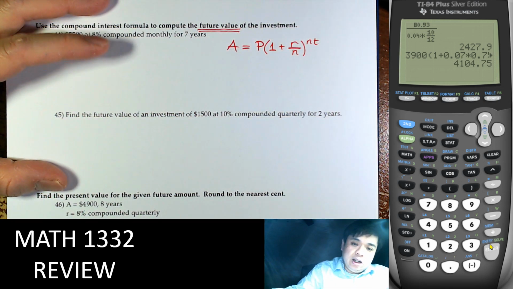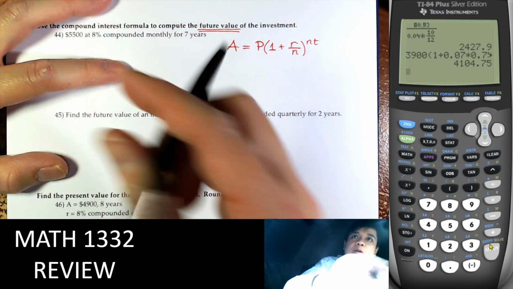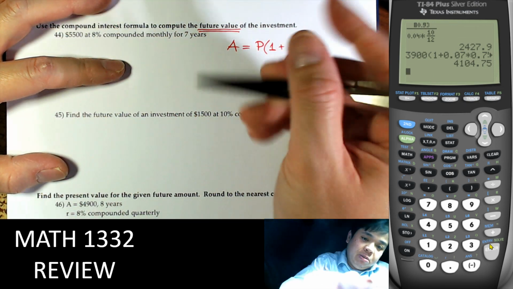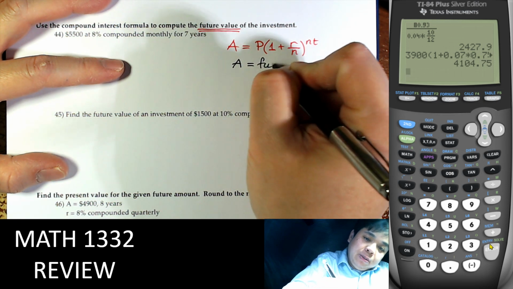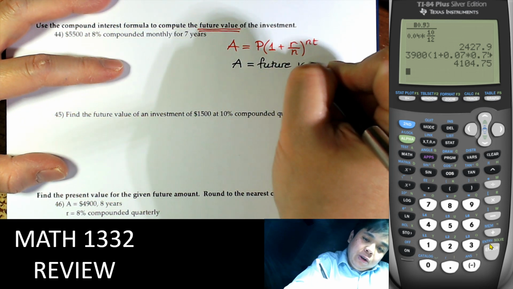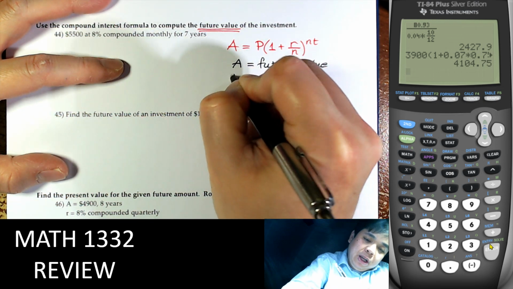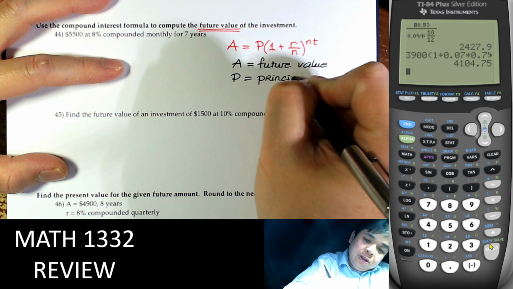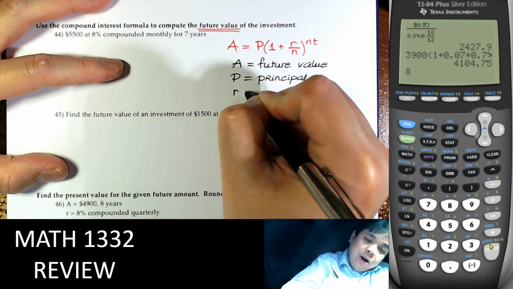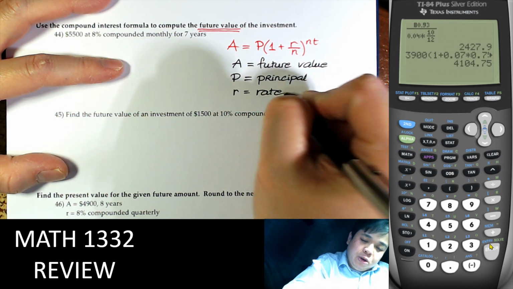Right? For the first one, I will write out what those symbols stand for. So A is the future value. P is the principal. R is the rate in decimal.